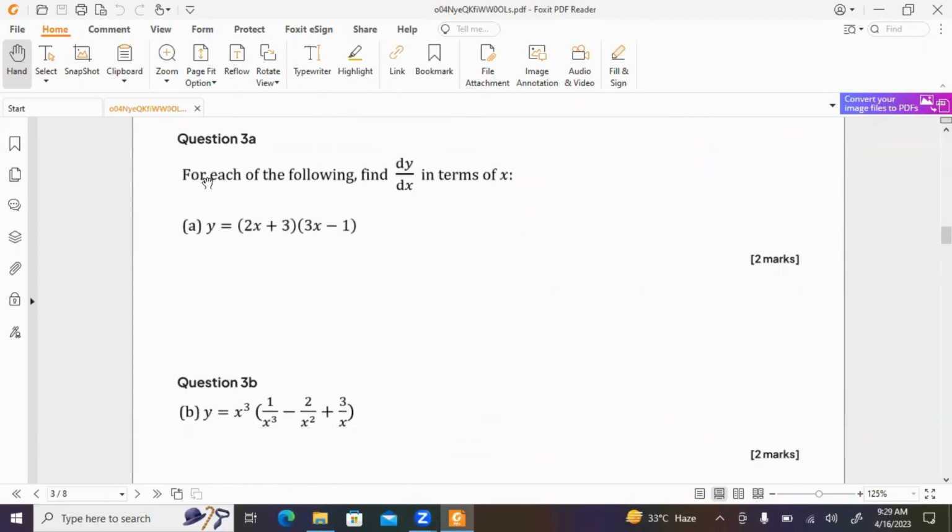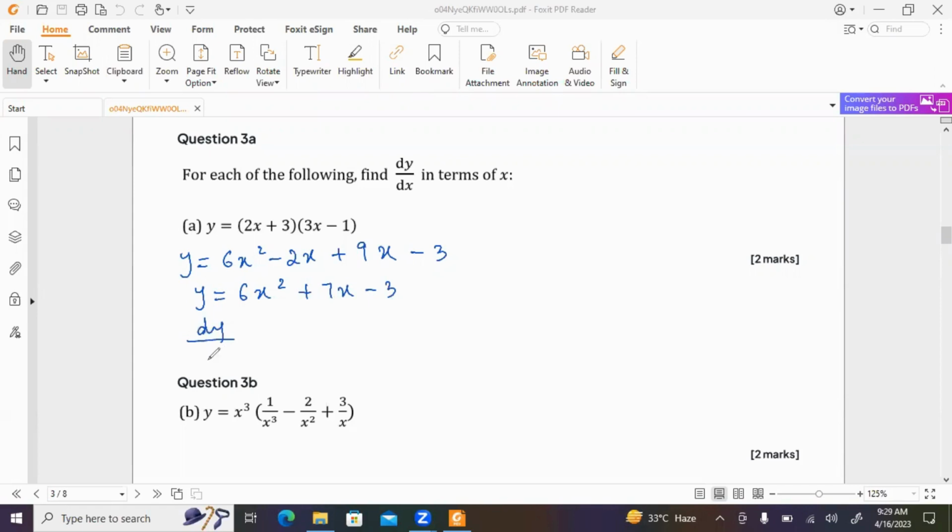In question 3, it says for each of the following, find dy by dx in terms of x. Over here, what we can do is expand the brackets. If we expand the brackets, it's going to give us 6x squared minus 2x plus 9x minus 3. We can combine the like terms first: 6x squared plus 7x minus 3.